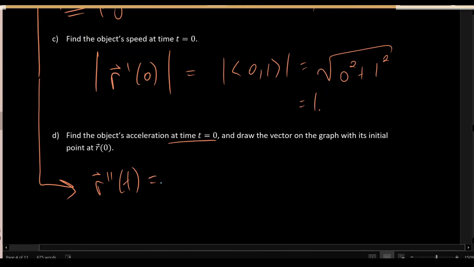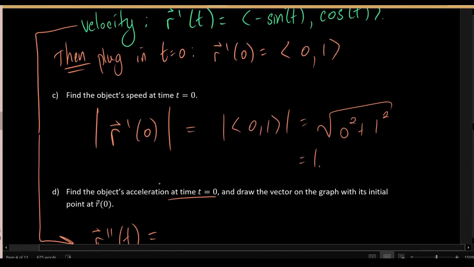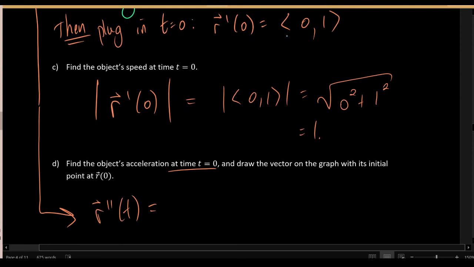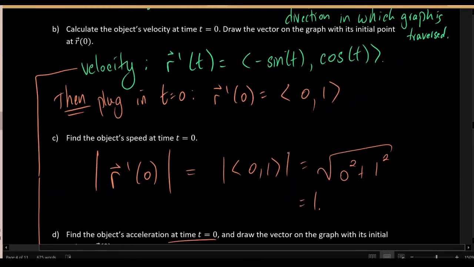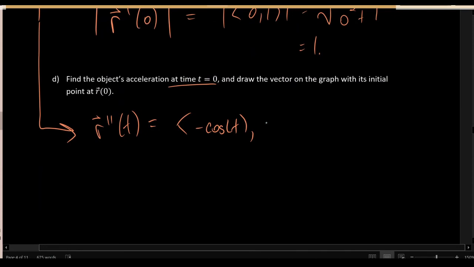So if I take the derivative of the function negative sine t, then I get negative cos t. If I take the derivative of cos t in the y component, I get negative sine t.